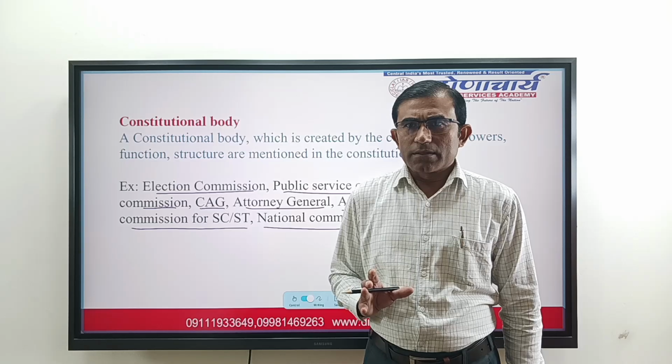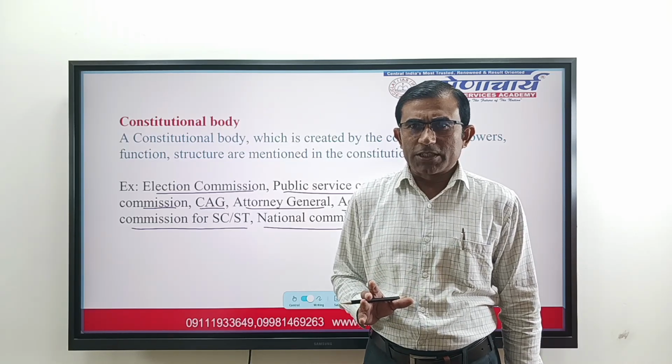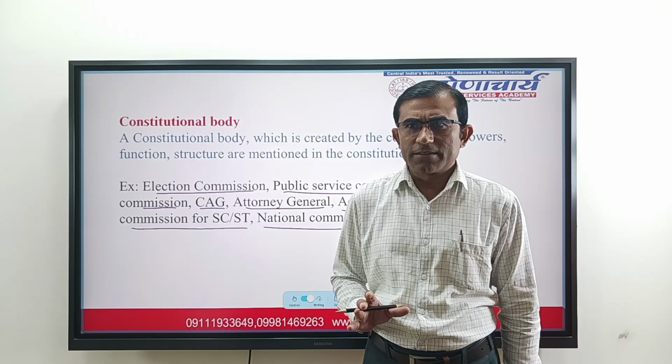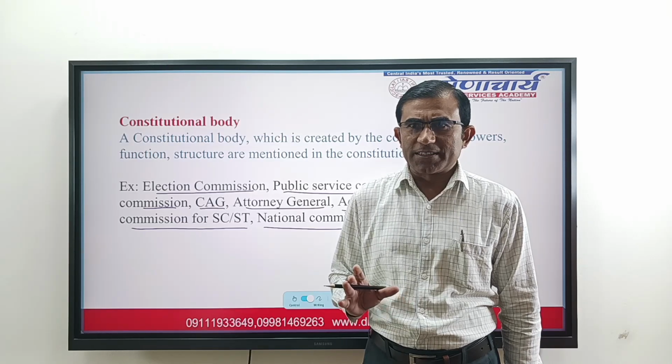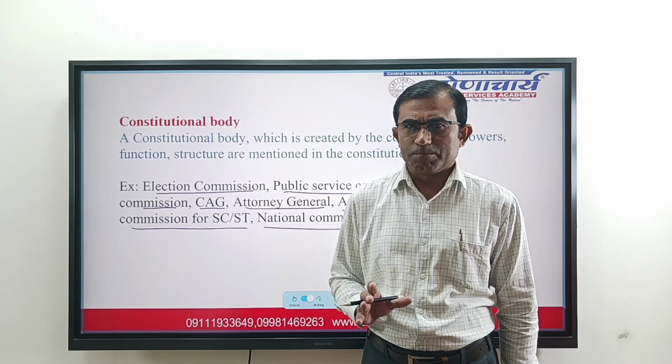However, the relationship between constitutional bodies and the government is complex and often fraught with challenges. One of the most significant challenges these bodies face is maintaining independence and impartiality, especially when facing political pressures.